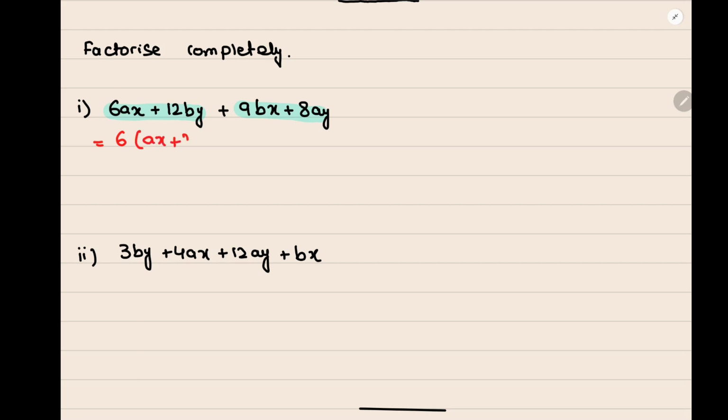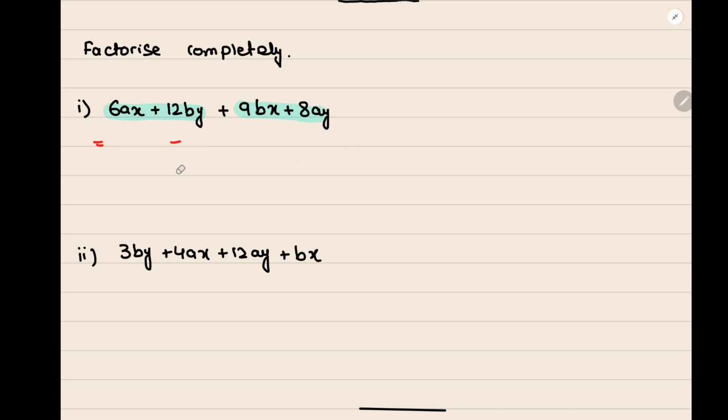So it would be AX plus 2BY. And from the second two, I cannot take anything common. So if I cannot take anything common, for example, if I'm taking 1 common, so it would be 9BX plus 8AY. Now the problem is the brackets things are not same. So it means that I cannot continue with my factorization.